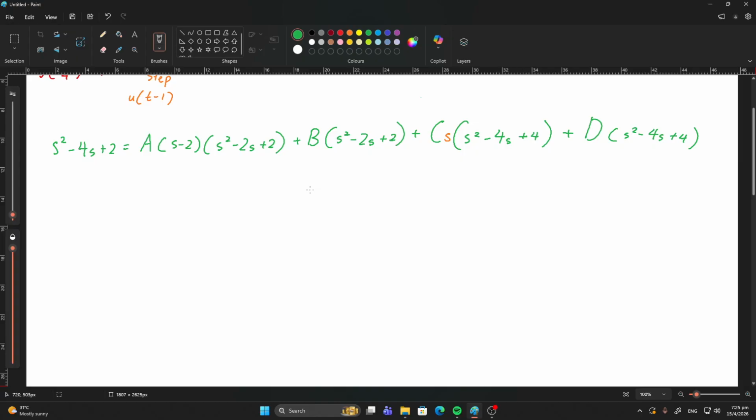So let's look at the s cubed term first. The s cubed term on the left hand side is 0 because there is no s cubed term, equals A plus C. Or maybe let's just go ahead and write down all the terms that we want to find, which, at the end of the day, is quite straightforward.